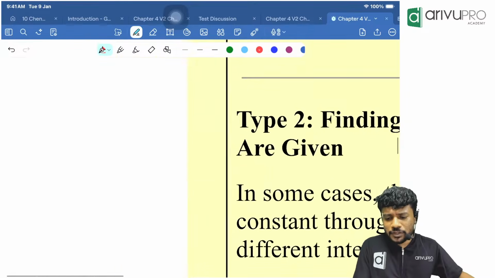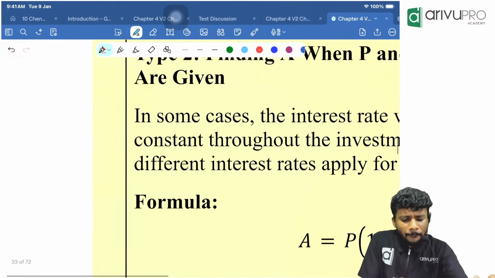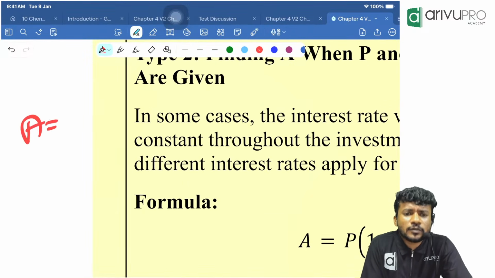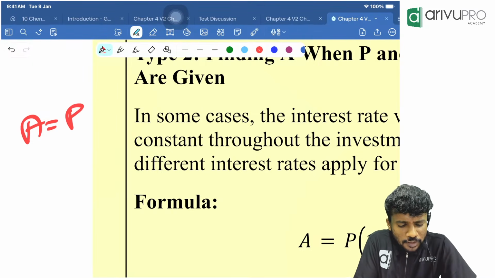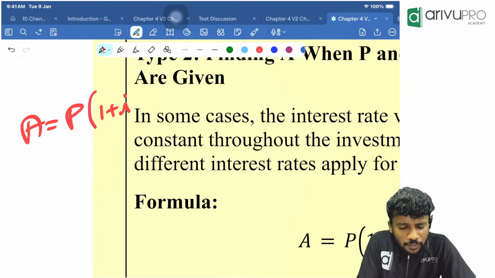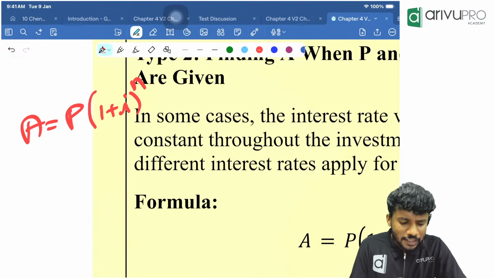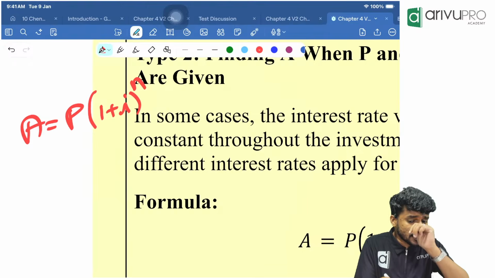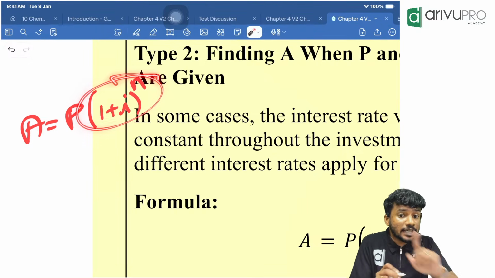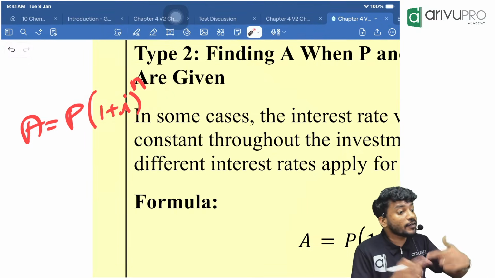But sometimes, the basic formula for amount was what, people? A is equal to P into 1 plus I the whole power n. That was the formula for our amount. Now, this was when our I value was the same throughout. What if our I value is different?